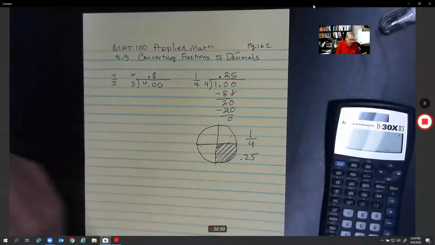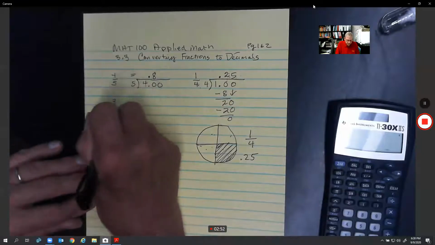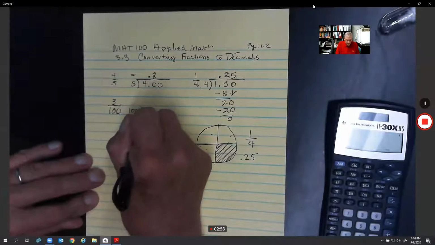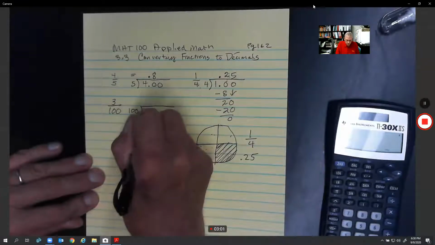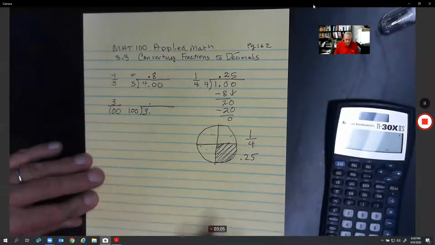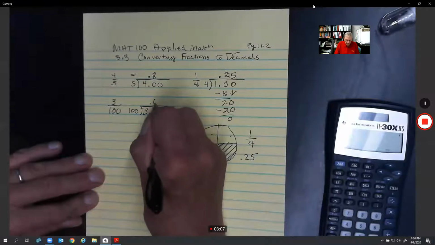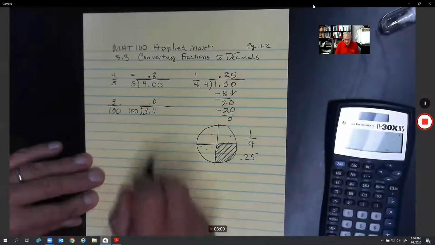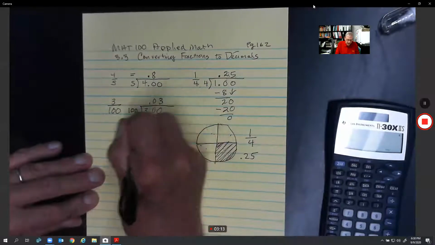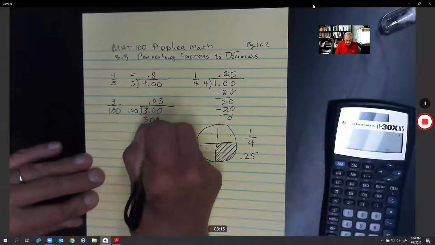You can also use a calculator, but let's try some without it. So I'm going to take 100 into 3. Point, bring it up. No, 0. Can't go in, can it? Let's add another 0. 3 times 100, 300.